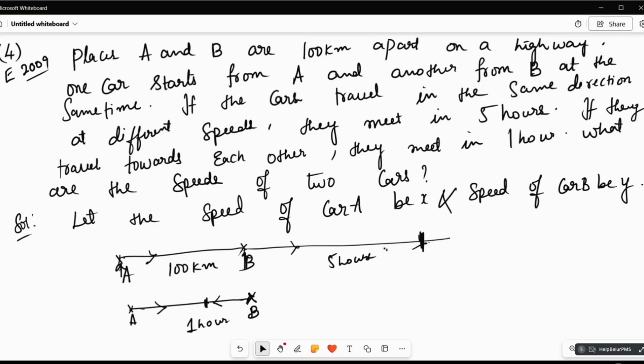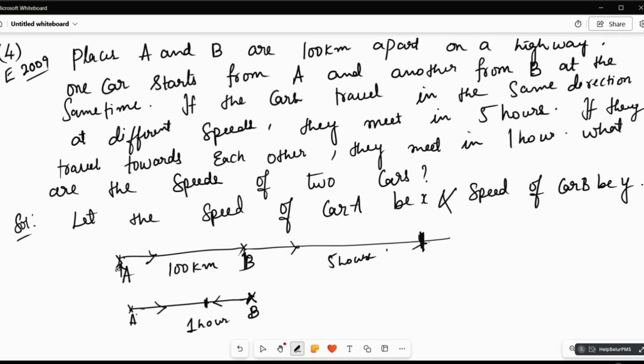So again, I repeat, the distance between A and B is 100 kilometers. Car A is moving in this direction and car B is also moving in the same direction. If they are moving in the same direction, they will meet after 5 hours. But if they are moving in the opposite direction, then they will meet in 1 hour.